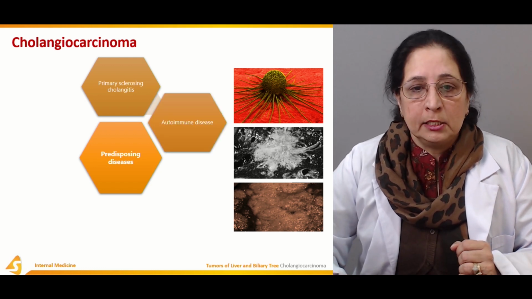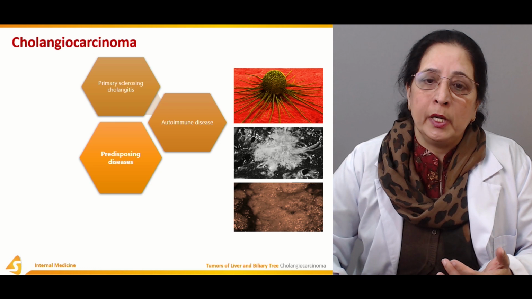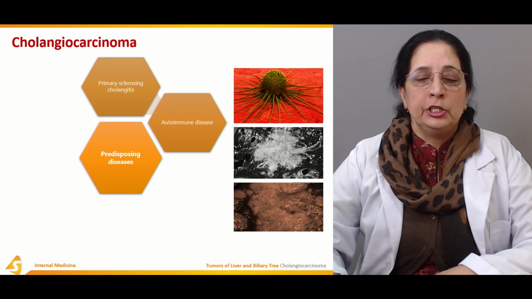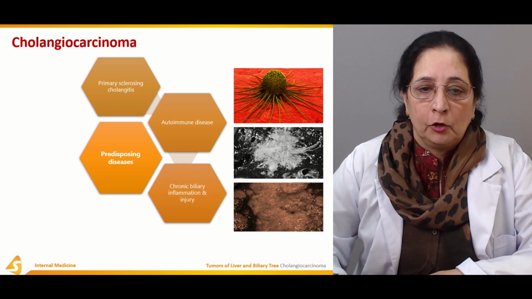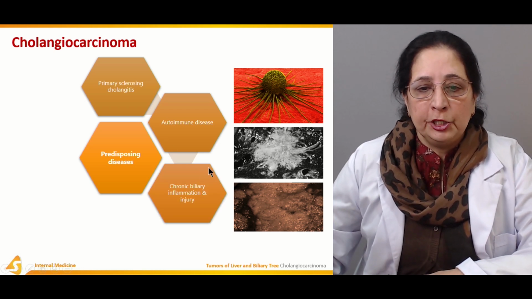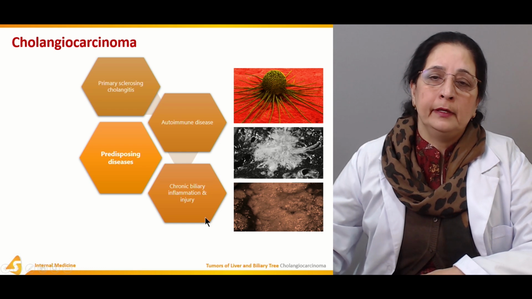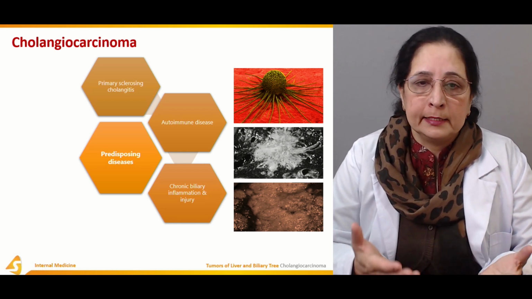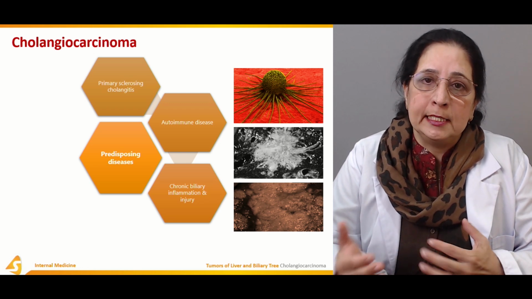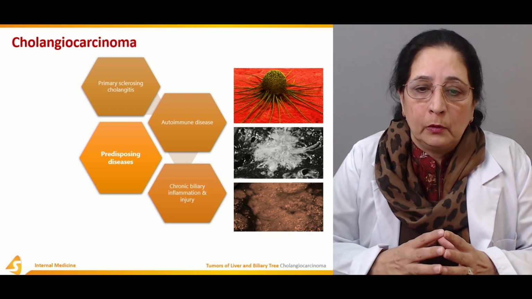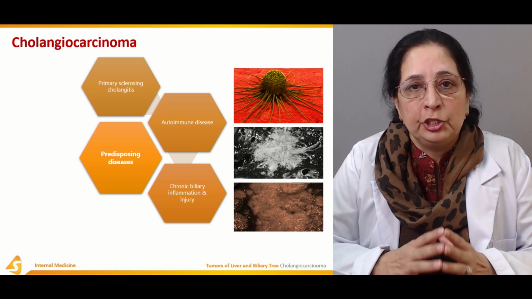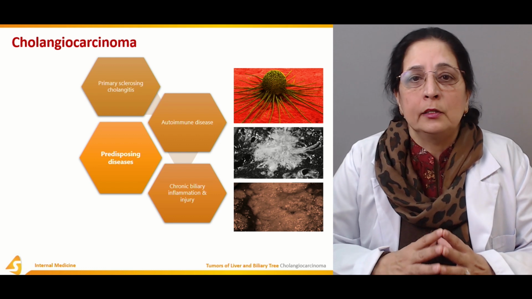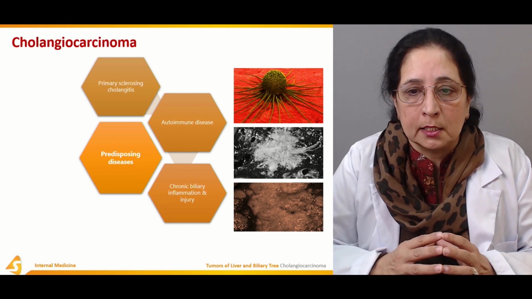Then the other is autoimmune diseases, which can lead to cholangiocarcinoma. Chronic biliary inflammation and injury, the same as cholangitis, if there is biliary inflammation and injury to the biliary tract, it can also lead to cholangiocarcinoma.